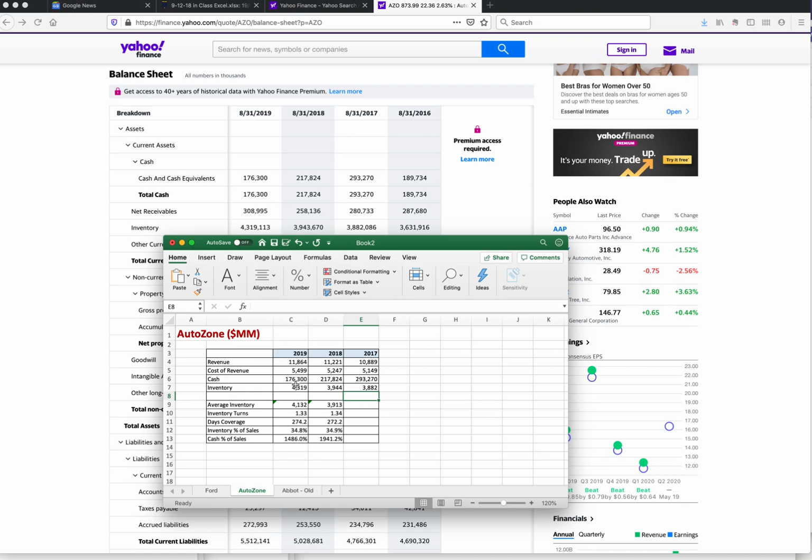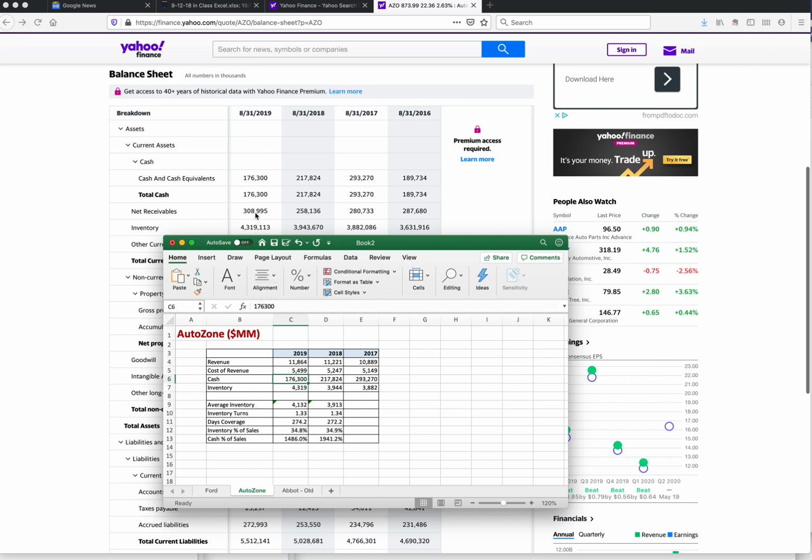Oh no, they only have cash of 176 because I was rounding these off. See, here's the problem. You've got to be very, very careful. See how many numbers are here? See how many numbers are there? They don't have that much cash. They have 309.